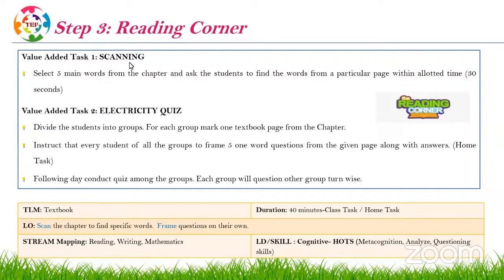One is the scanning activity and one is the electricity quiz. See, in this quiz, the previous day itself the teacher may ask the students to prepare 5 questions per student. This will encourage the students to read the concept, to read the chapter in more detail, and it will develop the questioning skill among the children too.